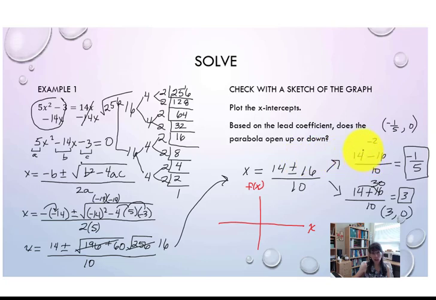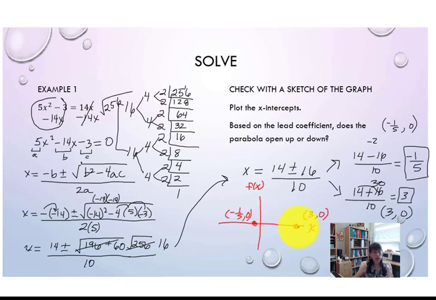We have x-intercepts to plot. One of them is negative 1/5, 0, and the other is positive 3, 0. Negative 1/5 would be close to 0, while positive 3, 0 would be much farther from 0. So as a sketch, this is where I would plot those ordered pairs.